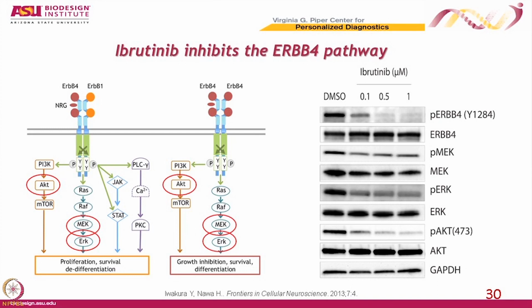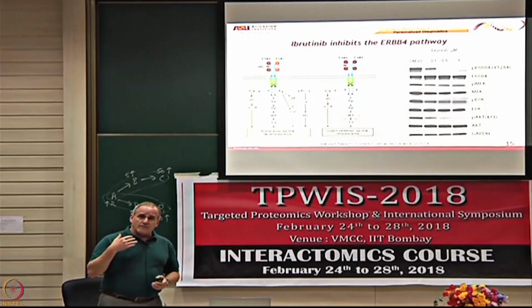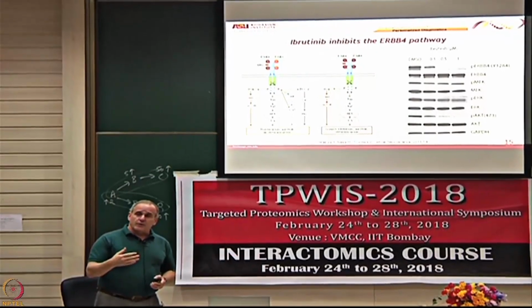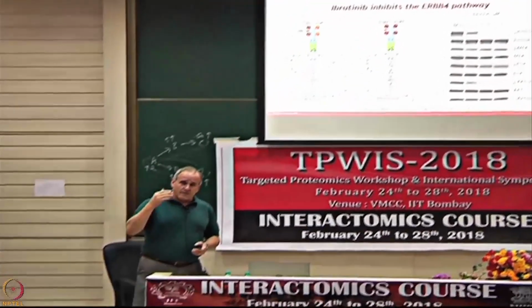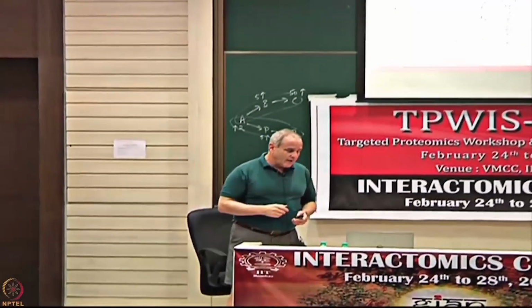And keep in mind that the level of AKT is the same. So the protein is still there, it's just not as phosphorylated. Same is true of ERK, same is true of MEK. Although this is a little bit bigger than that, I think. But you get the idea, right? So when we treat with ibrutinib, it inhibits the downstream pathway of ErbB4.